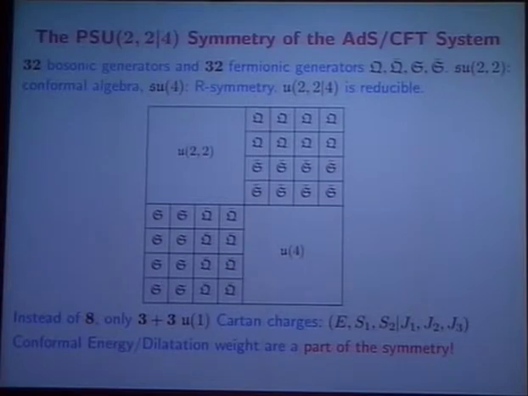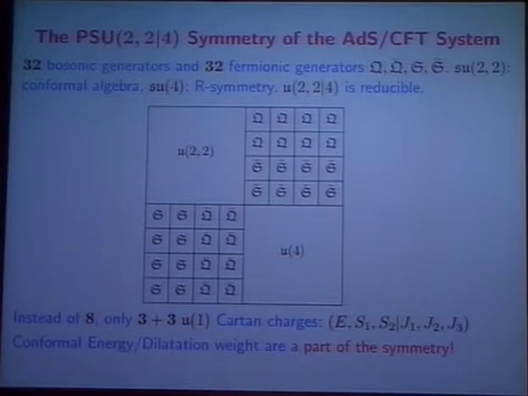So anyway, what really ties together the gauge theory and the string theory is this common symmetry, PSU(2,2|4). I just showed you, it appears in sort of conceptually different ways in both models, but it is a building bridge. And you know, it has sort of 30 bosonic and 32 fermionic generators.